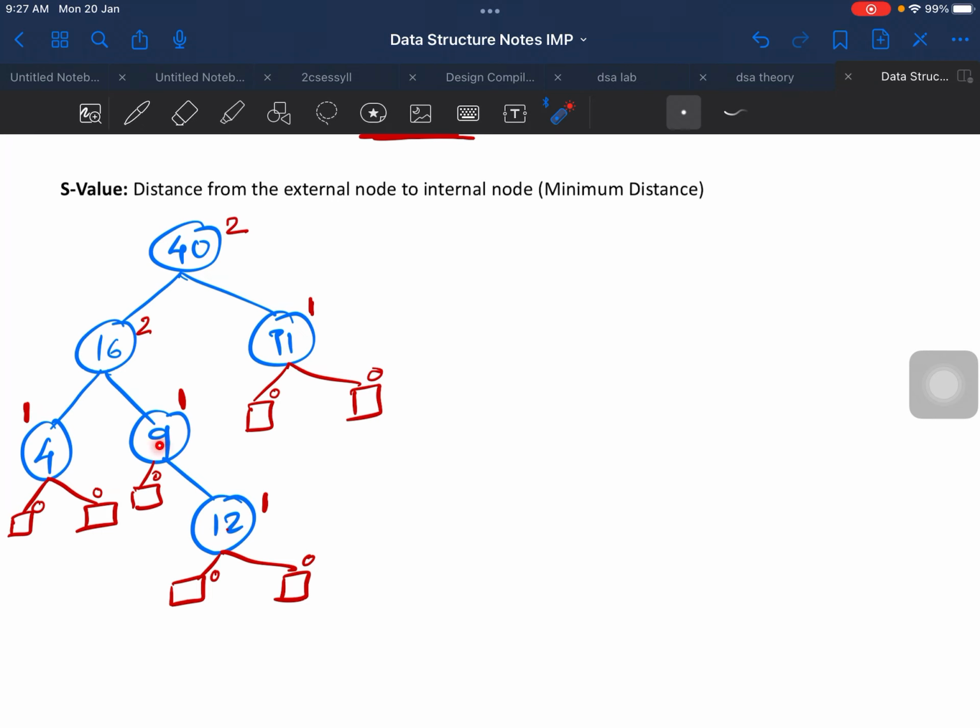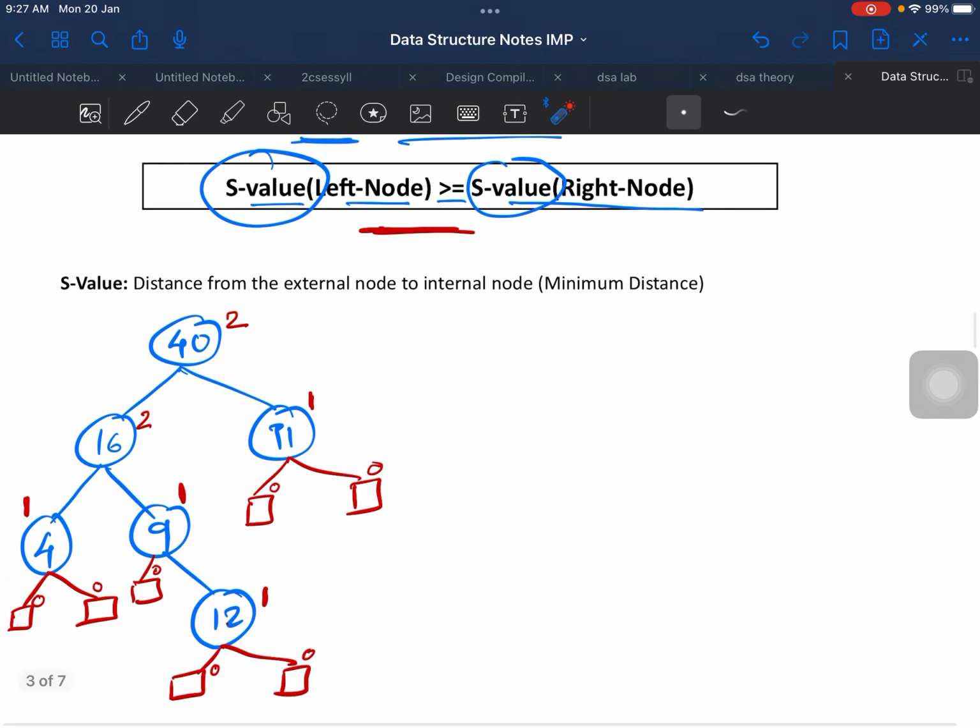Now come to 9. The s value of left node is 0, since the left node is the external node, and the s value of right node, which is 12, is 1. So guys, 0 and 1. 0 is the s value of left node and 1 is the s value of right node.